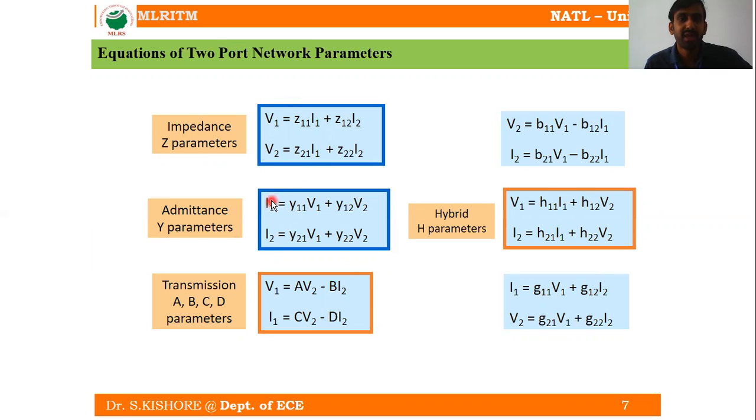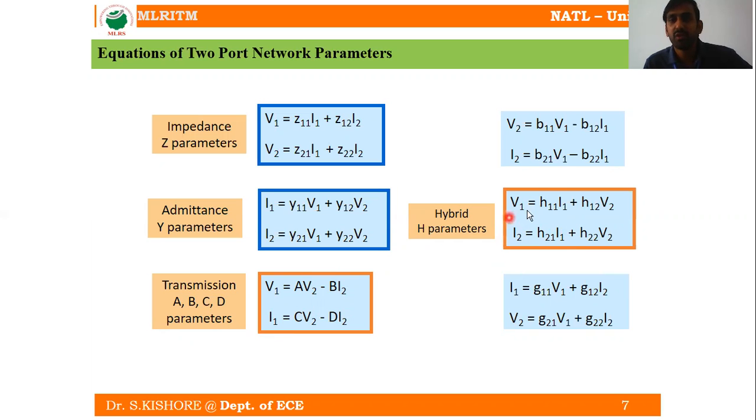In admittance parameters, I1 and I2 are our dependent variables, and V1 and V2 are our independent variables. Similarly in the transmission parameters or ABCD parameters, V1 and I1 are our dependent variables, and V2 and I2 are our independent variables.